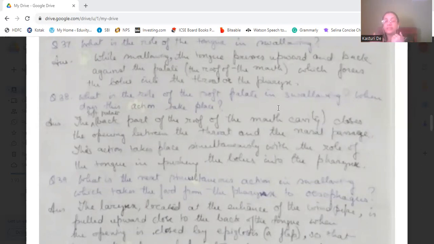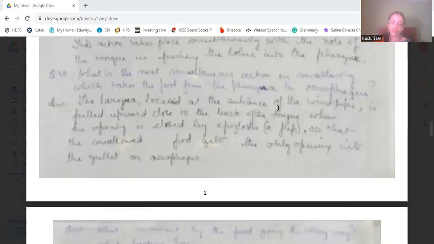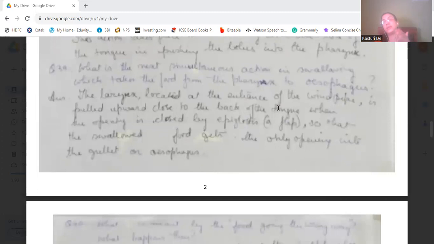After that, the larynx, at the entrance of the windpipe, is also closed by the epiglottis. So one opening is left, the esophageal opening, and the food will now pass into the esophagus. All this takes place simultaneously.